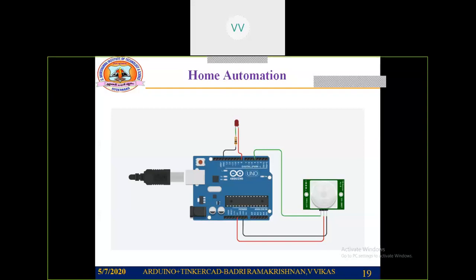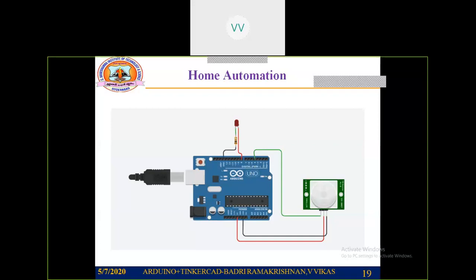Where we will introduce you to the concept of the PIR sensor. I just gave a title like home automation, saying if someone has entered the room, try to switch on the light.